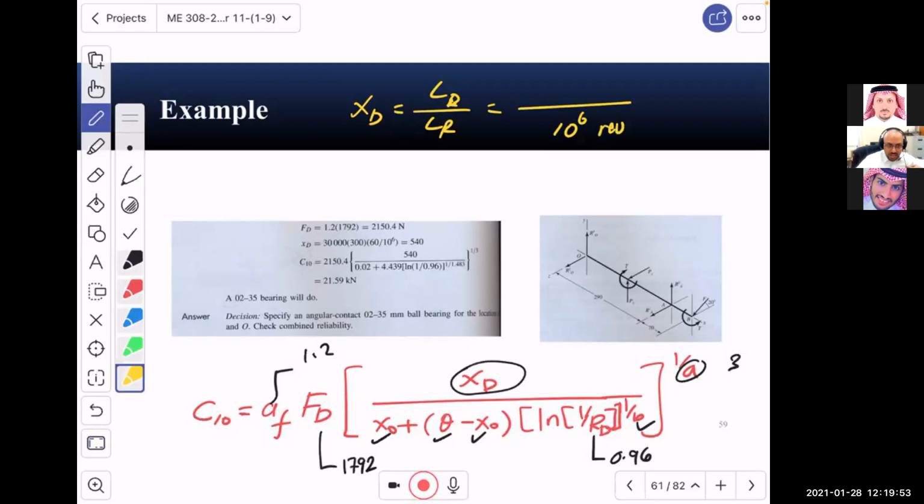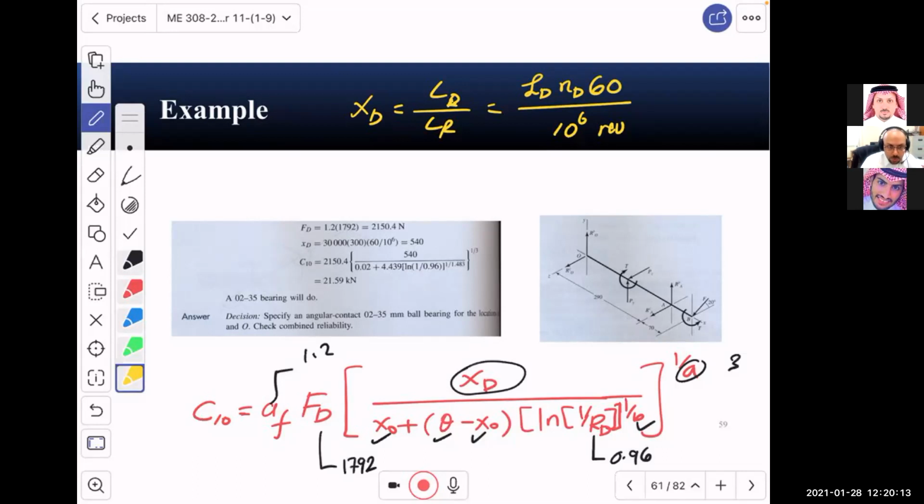Now, what do we have? We have LD and ND, and we multiply by 60 to make the conversion. LD is given to us as 30,000 hours. ND is 300 revolutions per minute.